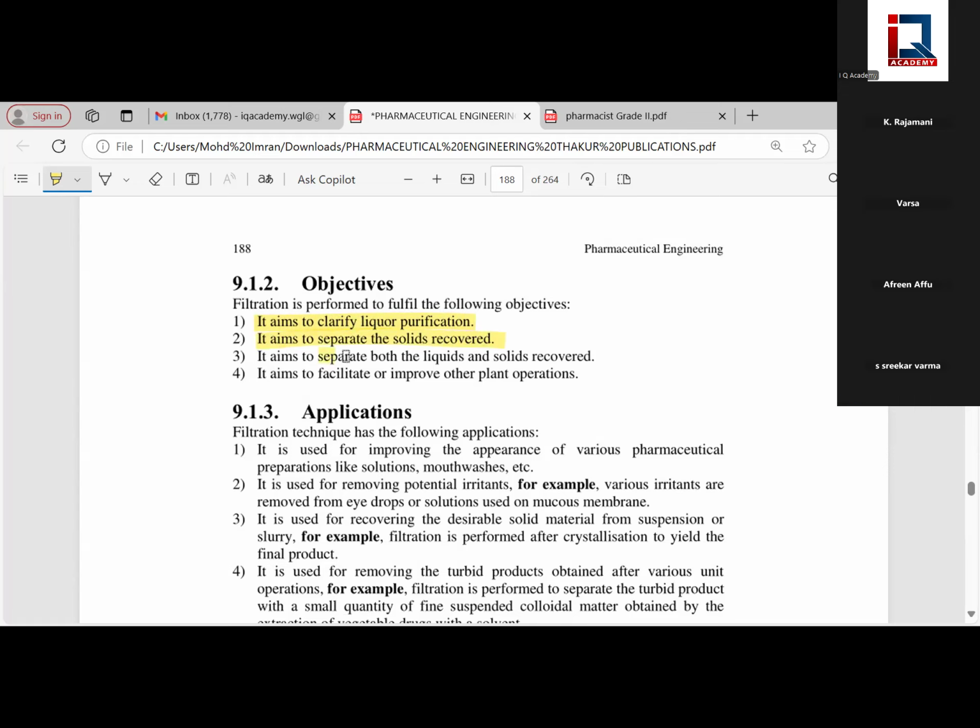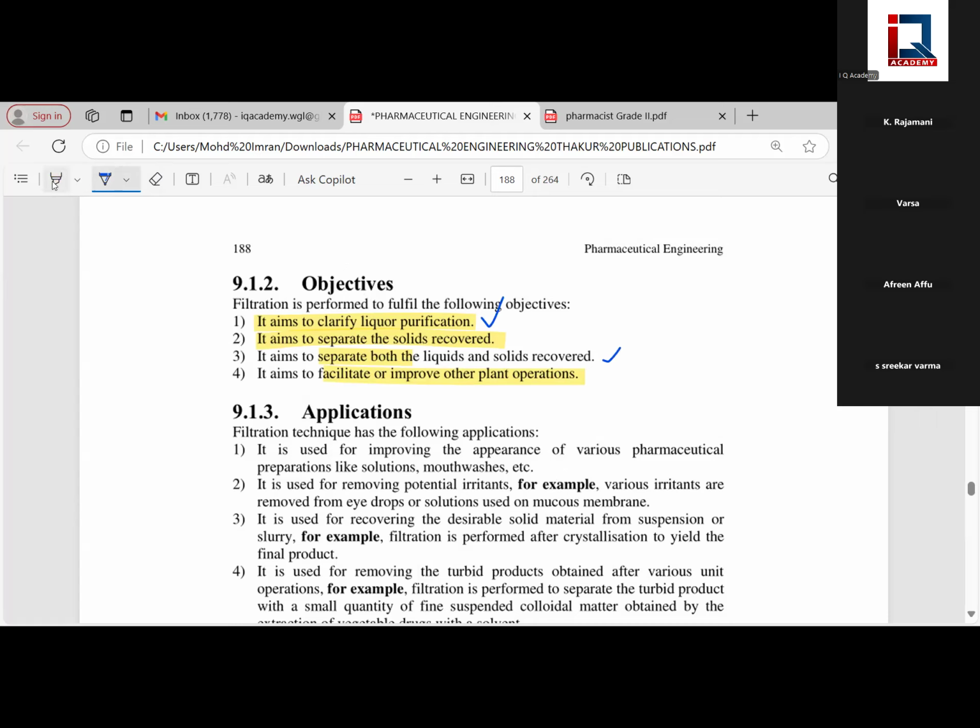Then separation is the next important one, and at last facilitating the final product, improving the quality of the final product. So these are the objectives, and the ones we focus on are separation and purification.